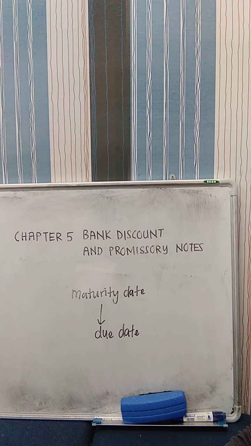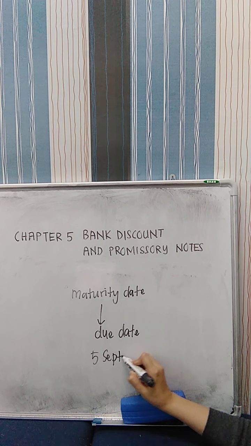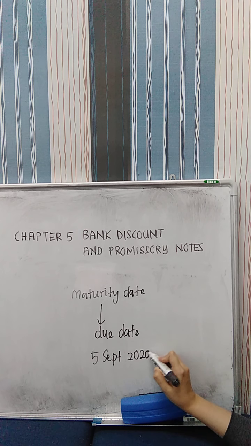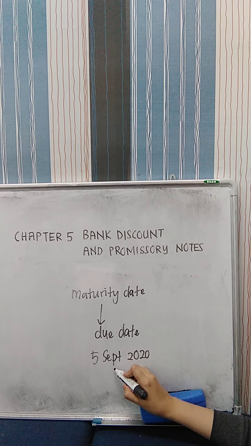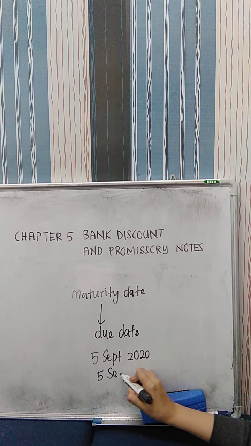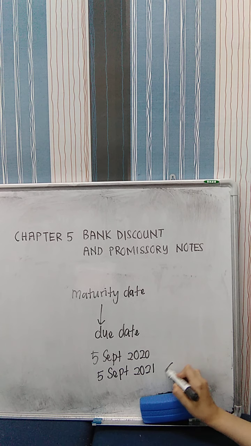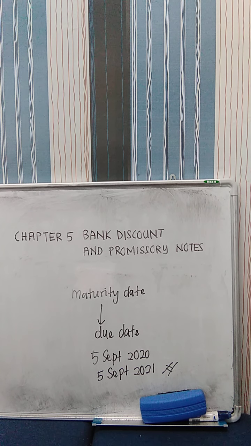For example, you borrow today, today for example is 5 September 2020. After 1 year, the due date is 5 September 2021. This is the maturity date.